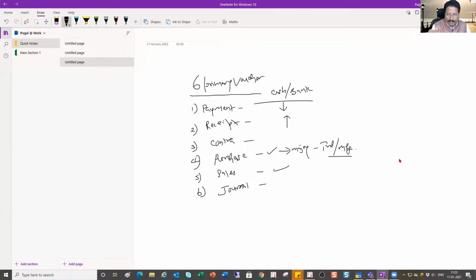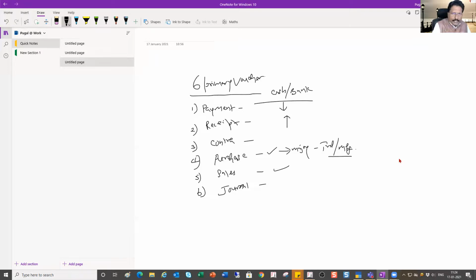Just remember this. Any other purchase, for example, purchasing office stationery or any other expense item on credit. If you are buying stationery by paying cash, as in the example from our fundamentals of accounting, it is very simple: you use a payment voucher, debit your expenditure ledger, and credit your cash or bank ledger.